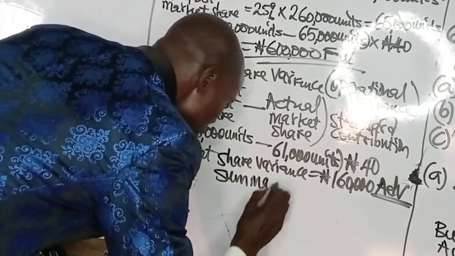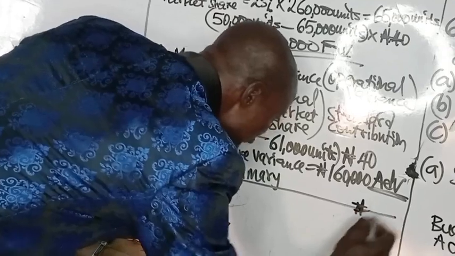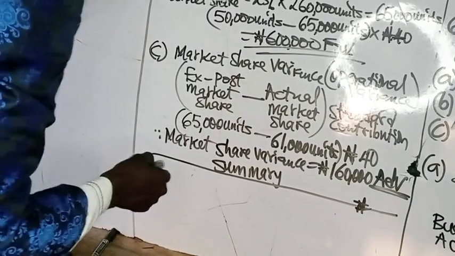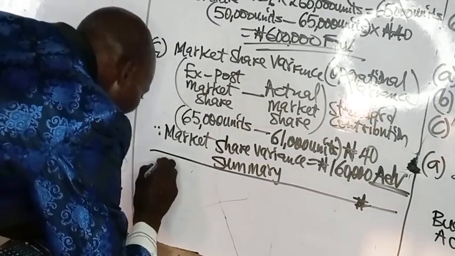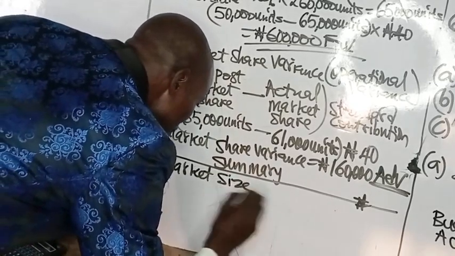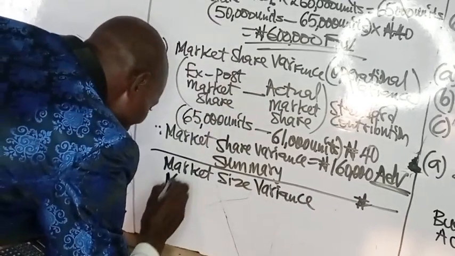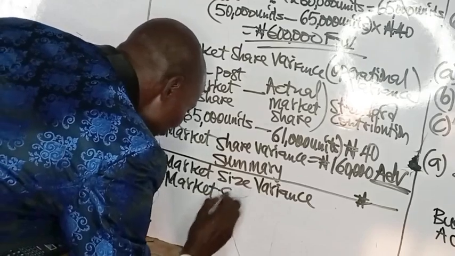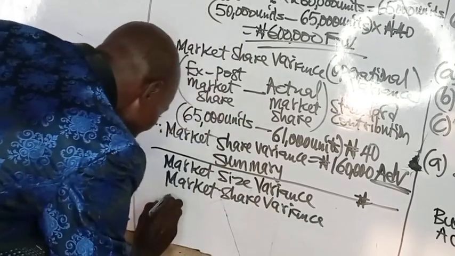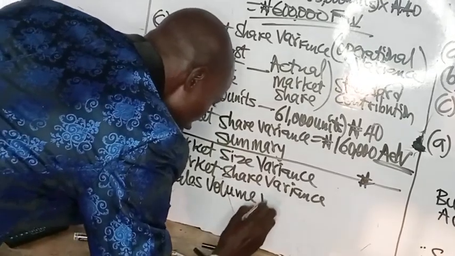Remember, the market size variance and market share variance should give you the sales volume variance. The sum of the two will give us the sales volume variance.